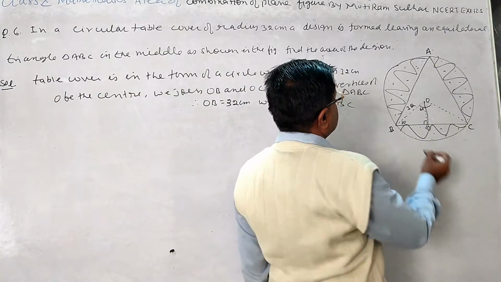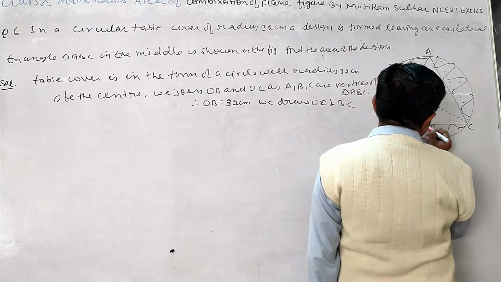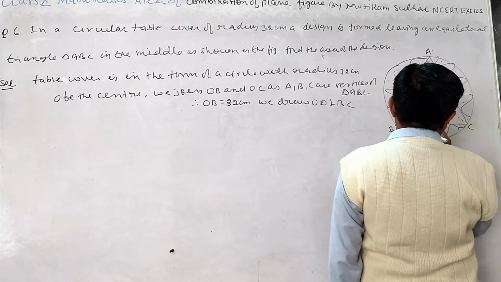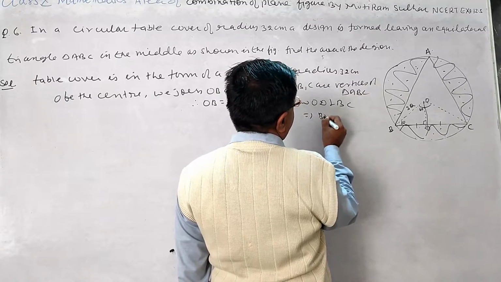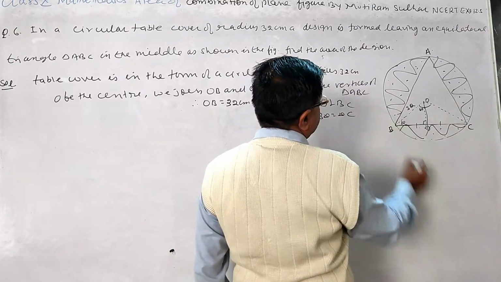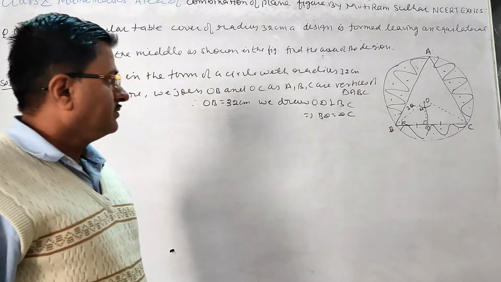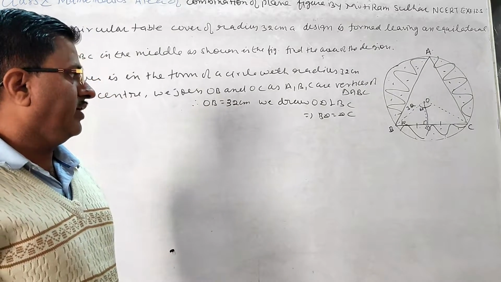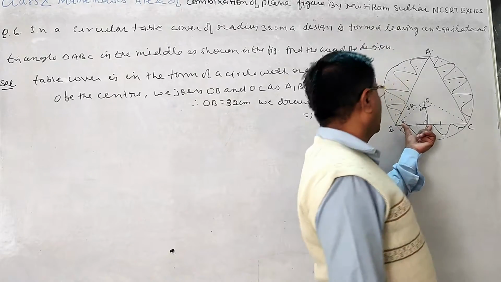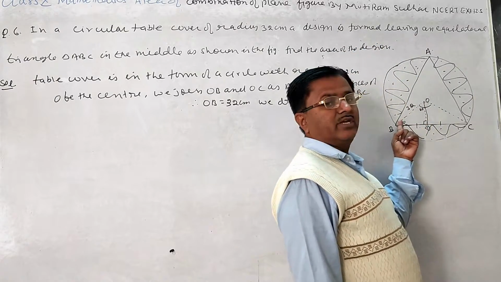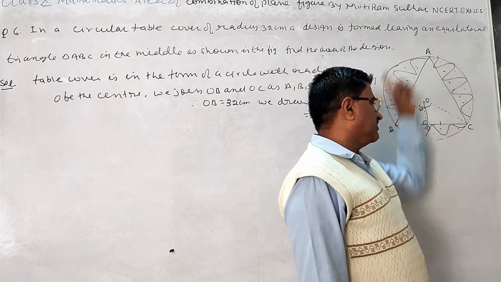As you know that BC is the chord, so the perpendicular will bisect it, so that BD equal to half of BC. Clear? So now we try to find the side of the triangle, so we can find the area. Because the radius is already given, we can find the area of the circle.